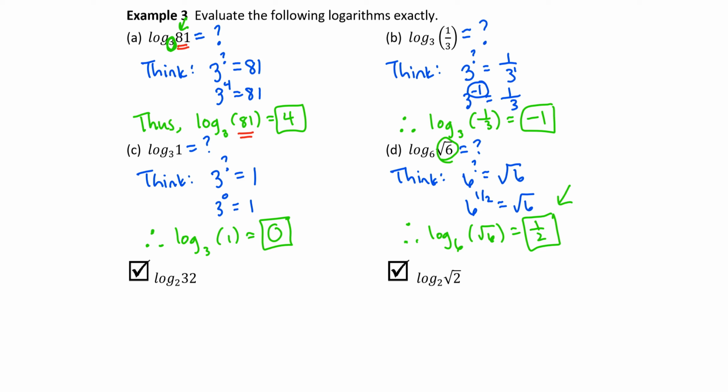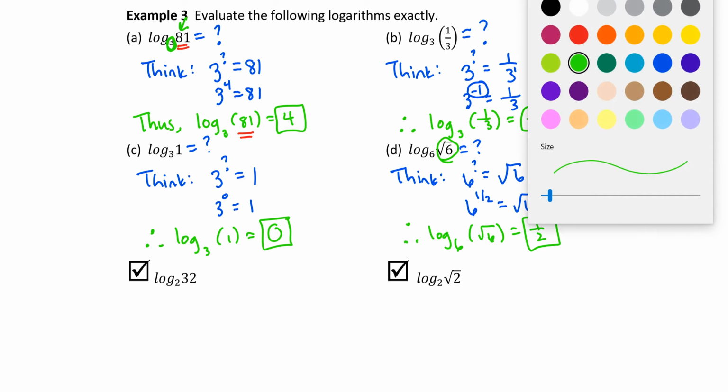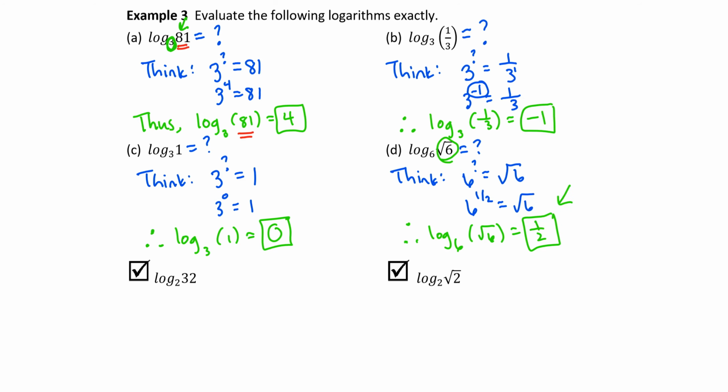If you want to pause the video and work the next 2 check problems, turn it back on, you can check your work. To evaluate log base 2 of 32, I'm going to think of this as 2 to what power equals 32.